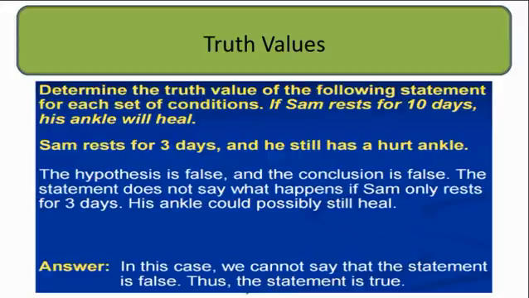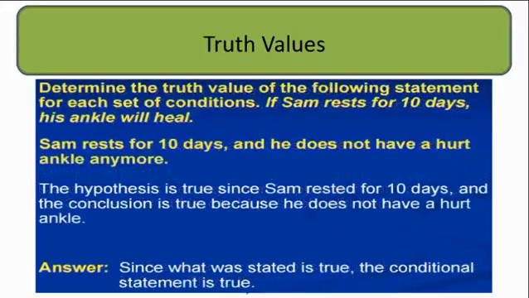We can't conclude that that's what will happen. So because we don't know if it's false or not, we have to say that the statement is true. So if P is false and Q is false, then the whole statement is still true.